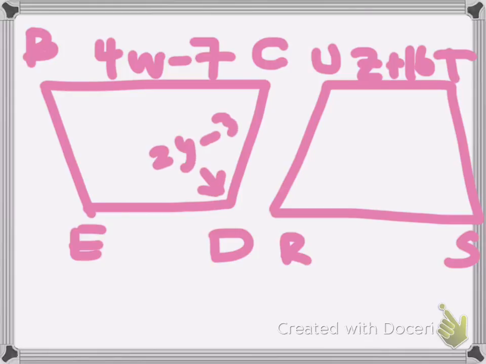So basically, if we know that they're congruent, we know that all corresponding parts are congruent. So that will be how we find each value, because we need to find x, y, z, and w.